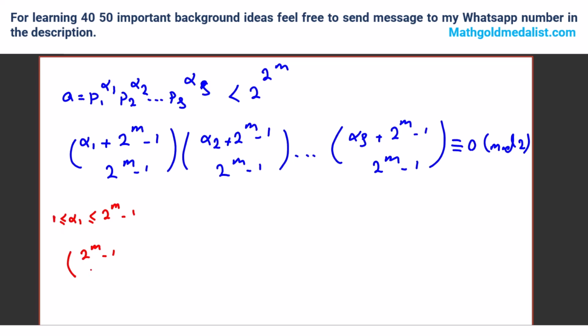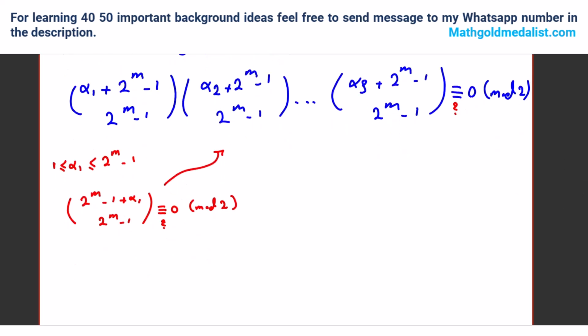So I want to prove that 2 to the m minus 1 plus alpha 1, choose 2 to the m minus 1, the first one, is even, okay? It is not equivalent to the whole claim, but if you prove this, the problem will be solved, right?